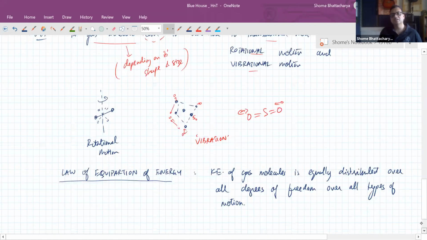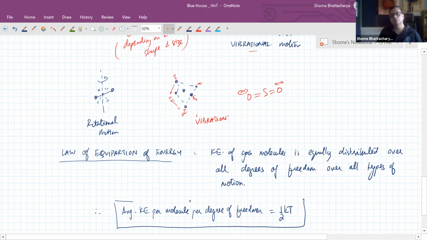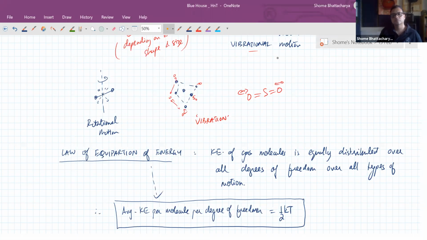So it becomes a more general equation now: the average kinetic energy per molecule per degree of freedom is equal to 1 by 2 kT. This becomes the mathematical form of the law of equipartition of energy. We had written that for translational kinetic energy earlier.